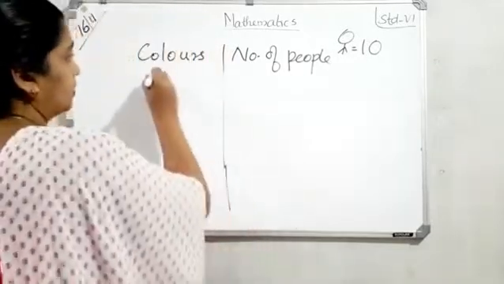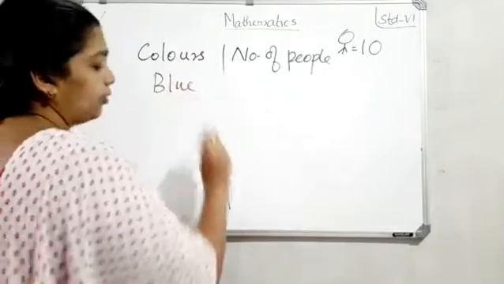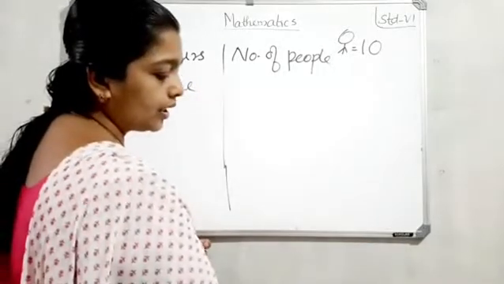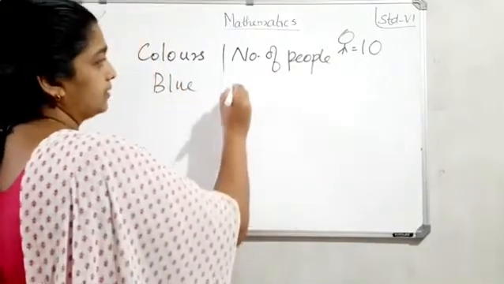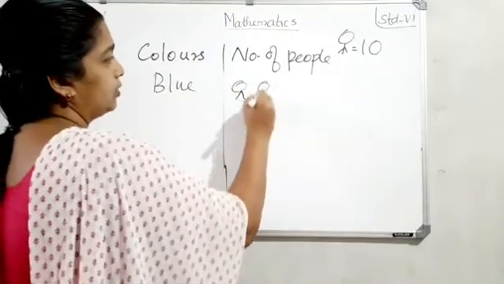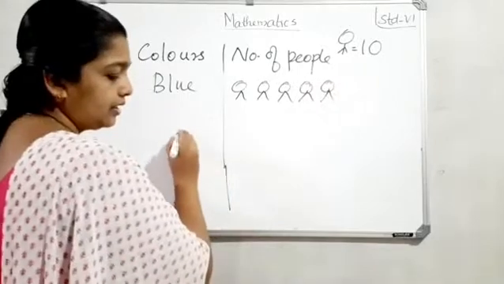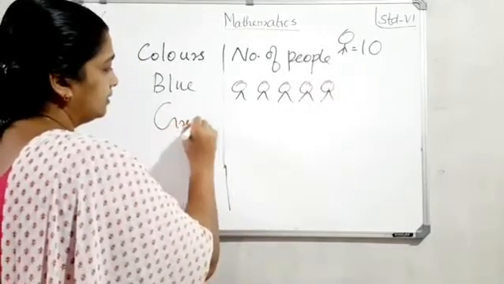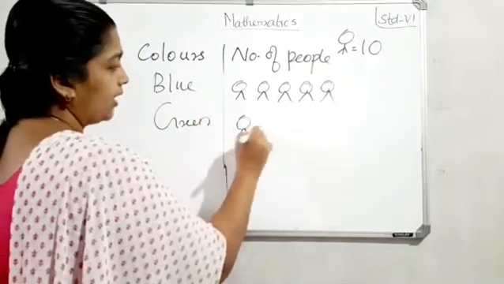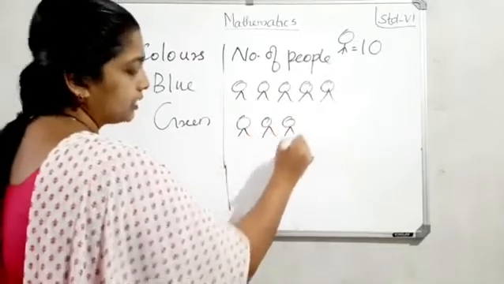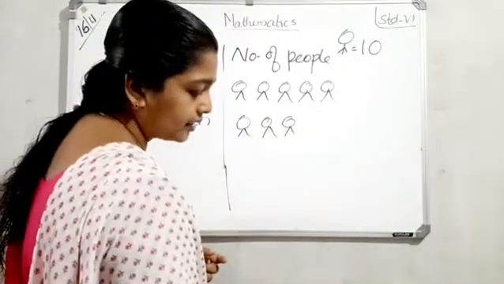First one, blue. How many symbols are there? 1, 2, 3, 4, 5 symbols. Next, green. How many? 3. 1, 2, 3. And next, red.